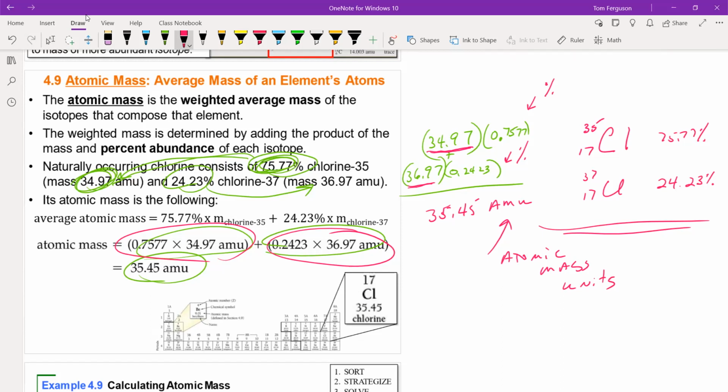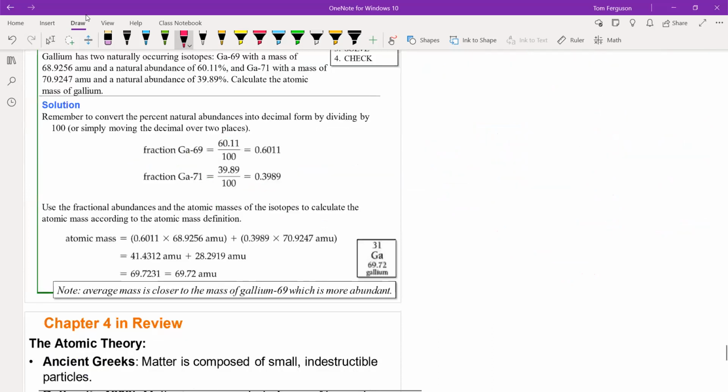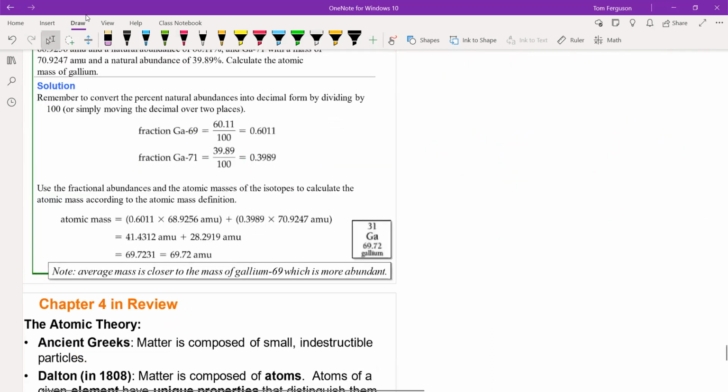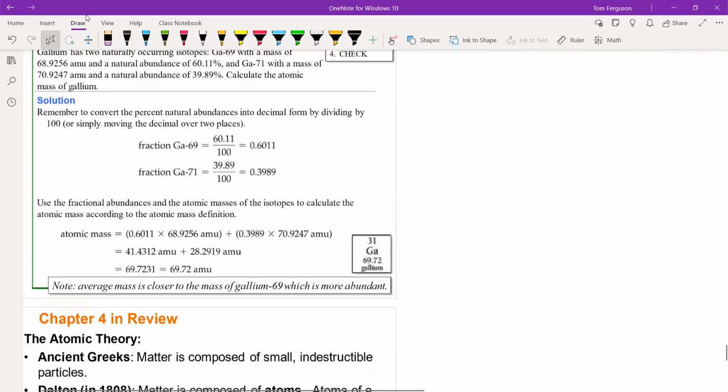And of course, the other way to write this would be chlorine 35 or chlorine 37. That's chapter 4.